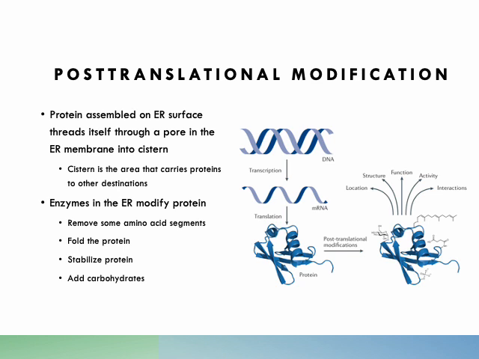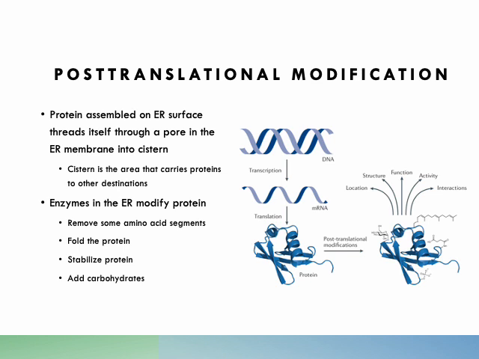So proteins that are assembled in the ER, or the rough ER, are threaded through a pore in the ER's membrane into the cistern, which is the big area inside that holds the proteins. Okay, it holds them and it takes them where they need to go. So enzymes inside of the cistern will modify the protein by either removing the amino acids that are not needed, folding them more, stabilizing them, adding carbohydrates, adding lipids, whatever needs to be added or done to this protein.